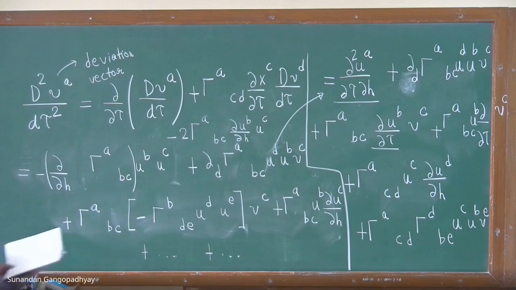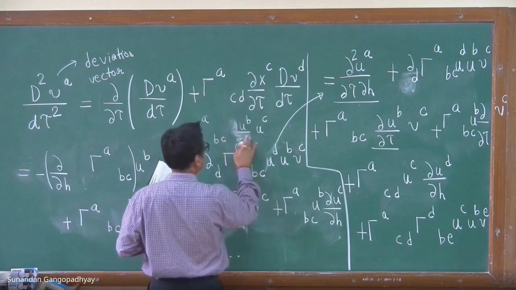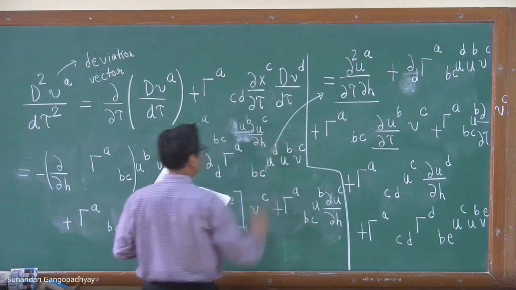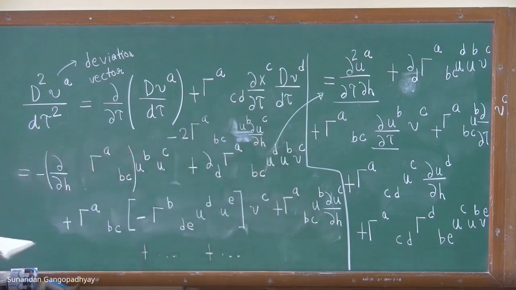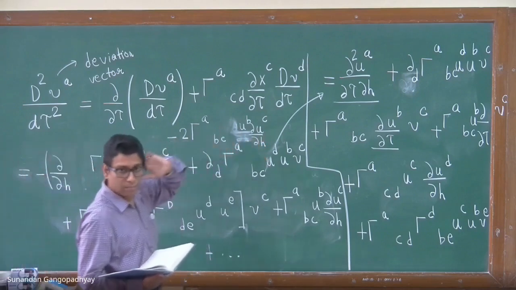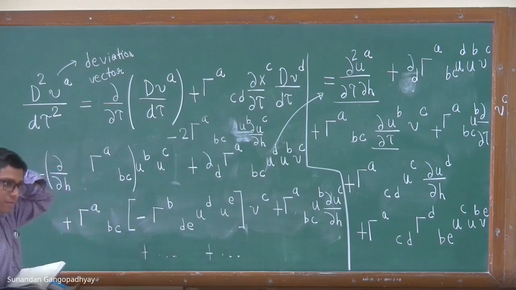Or you can write this same thing in another way. In my notes, I have written it in this way. Do it in any way you like, but do not deviate from my notes. In my calculation, I will just write it as del UC del H. I hope you understand why you get this term. Yes or no? If it is no, then please tell me.